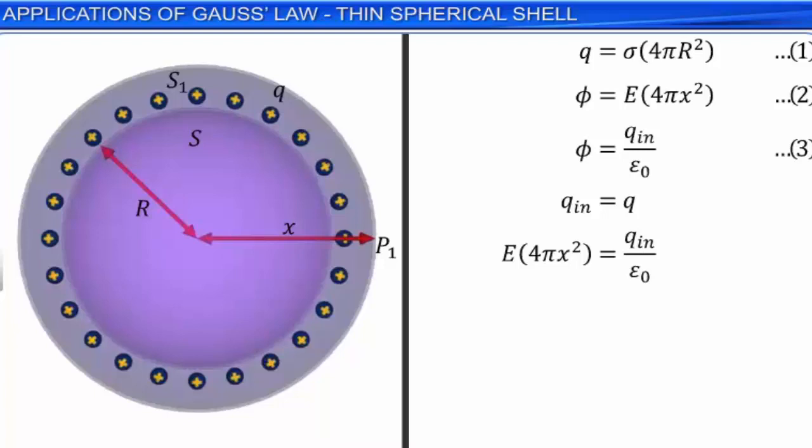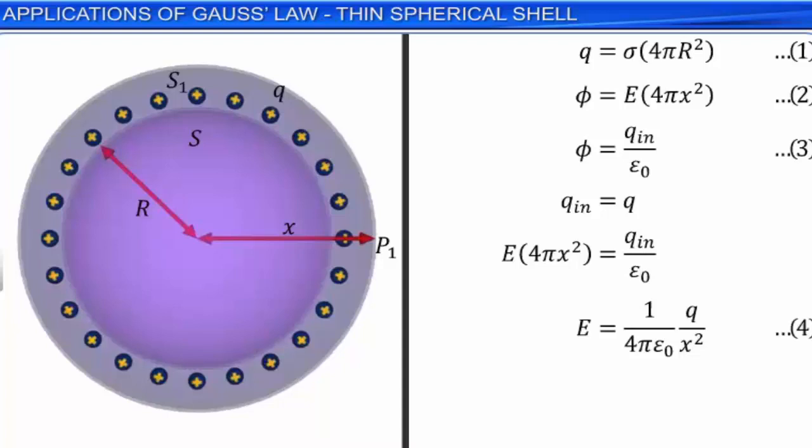Substituting Q for Qin and simplifying this expression, we get the magnitude of the electric field E is equal to 1 by 4 pi epsilon naught Q by x square. Let this be equation 4.